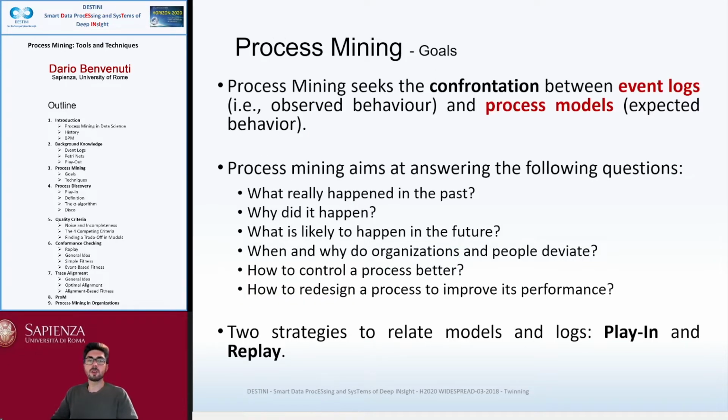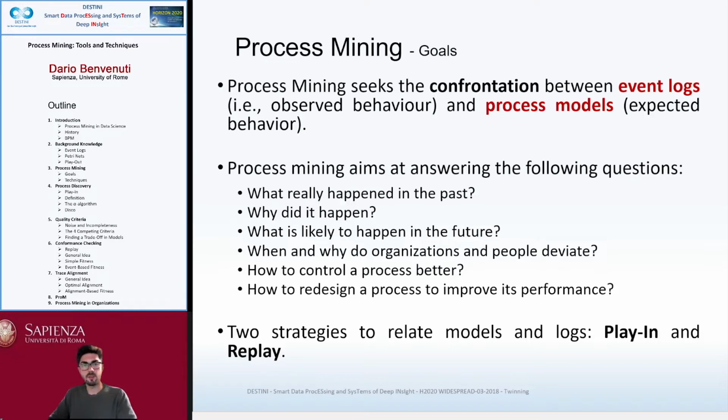So now that we have covered this background knowledge that was needed to go deeper into process mining, we can finally face it. We already said that process mining seeks the confrontation between event logs, or the observed behavior, and the process model, which is the expected behavior of the process. And this is done to answer a lot of different questions.